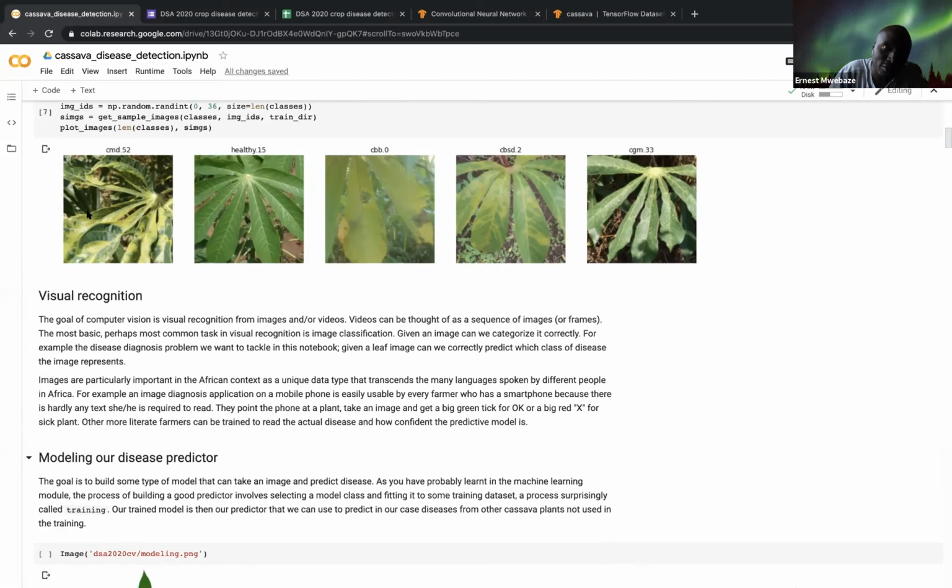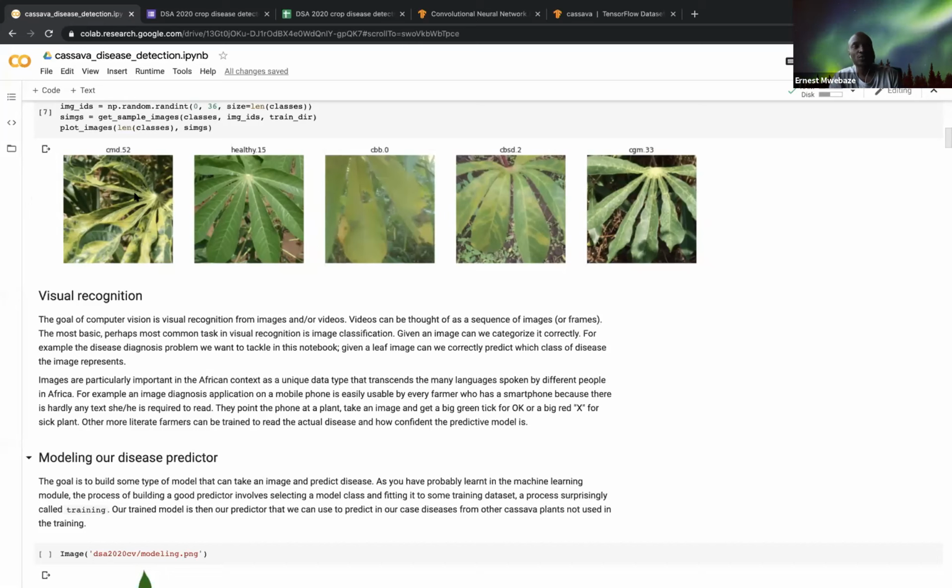Some papers have annotated the leaves, so you actually delineate the leaves. You get the leaves out and leave the background out, and you say these leaves represent cassava mosaic disease. Alternatively, you could highlight these yellow areas, these patches of leaves. Those are different ways you can annotate this data, which gives you different ways of analyzing it.